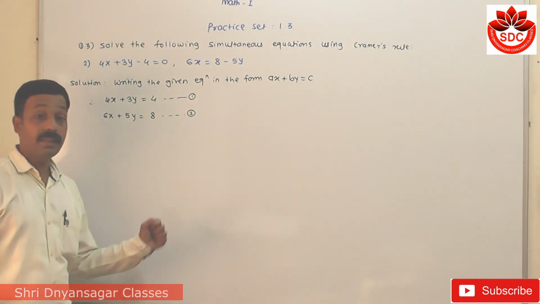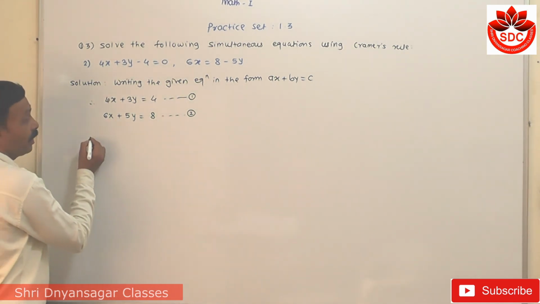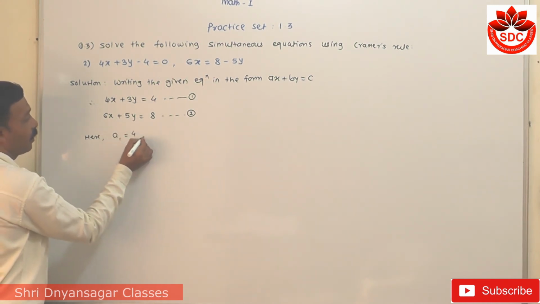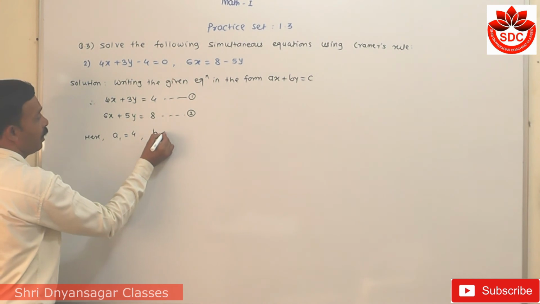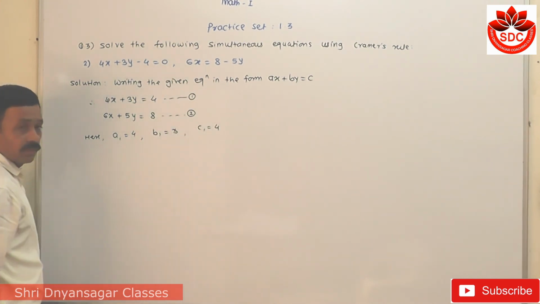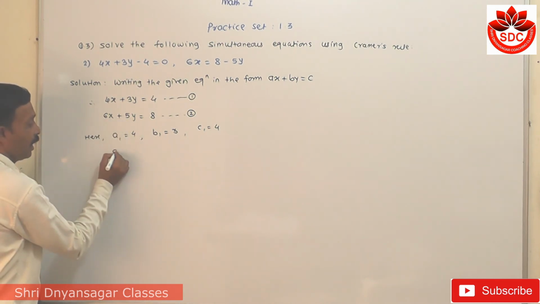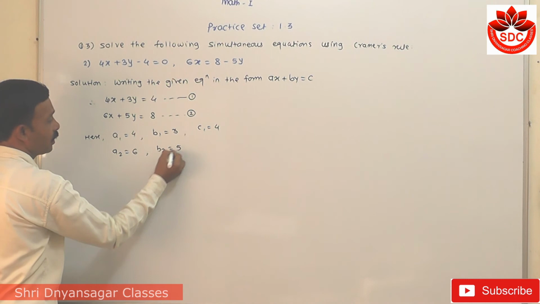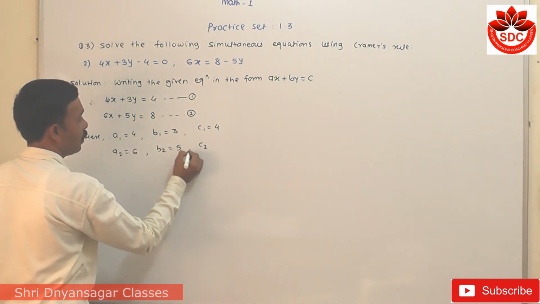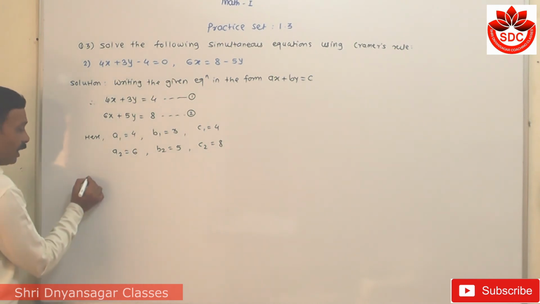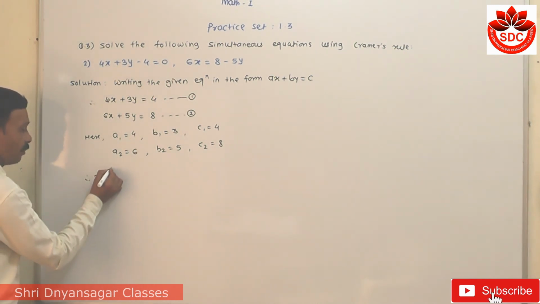Now by comparing this, we get a1 is equal to 4, b1 is equal to 3, c1 is equal to 4, and a2 is equal to 6, b2 is equal to 5, and c2 is equal to 8.